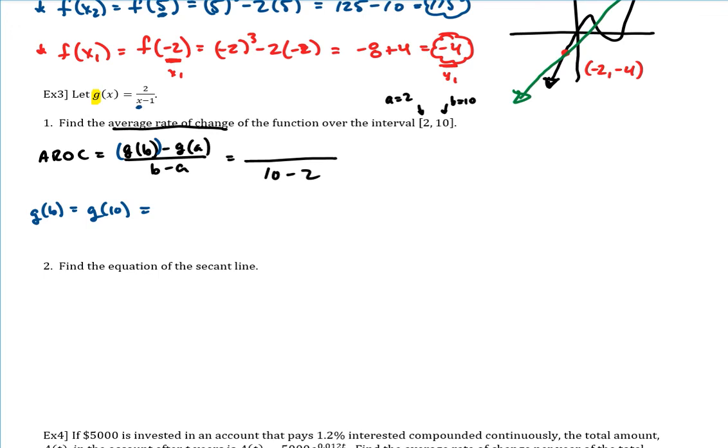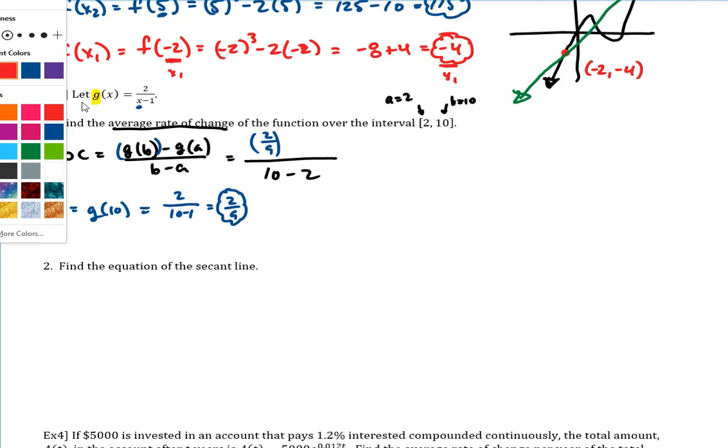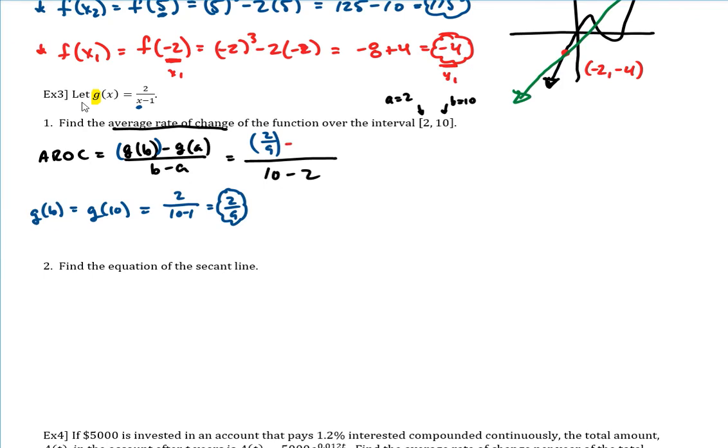Anyway, I am going to plug it into my equation. I have 2 over 10 minus 1, which would give me 2 over 9. So that means I have 2/9 right there. And then we'll have a minus. Let's do that one in red. So minus, and then I want to find g of a, which is plugging in 2. We already did 10. Plugging 2 into our function gives us 2 over 2 minus 1, which is 2 over 1, which is really just 2.